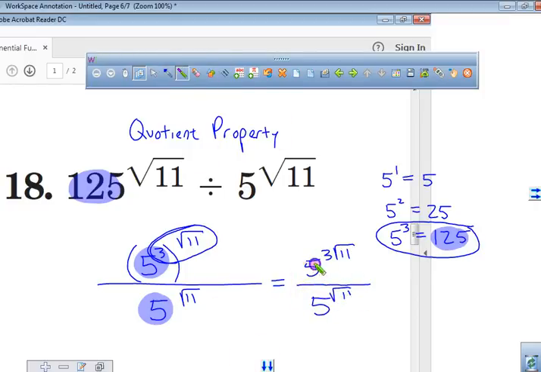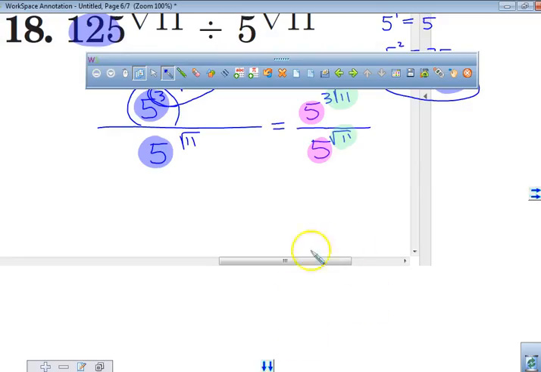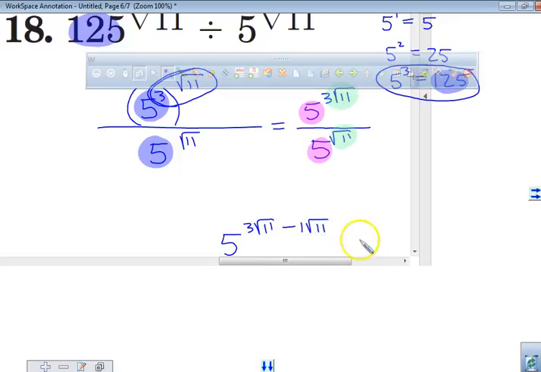Now, can everybody see clearly that we have the same thing? Now, we're going to use the quotient, right? So what am I going to do with 3 radical 11 and the radical subtract? Everybody, I want you to take 5 to the power of 3 radical 11 and take away a 1 radical 11. Now you don't have to put 1 radical 11.